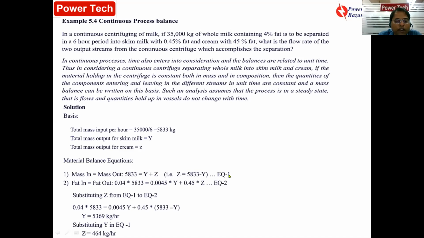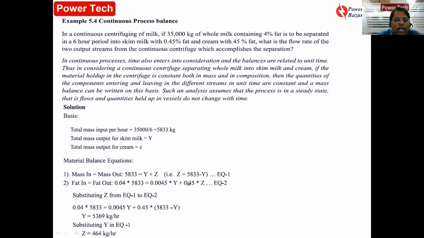This is equation 1. Then what is the component here? Fat. So fat in is equal to fat out. What is the fat in? 0.04 into 5833, that is the fat in the whole milk. What is the fat out? 0.545% into Y plus 45% into Z. Since it is in percentage, we divide by 100.